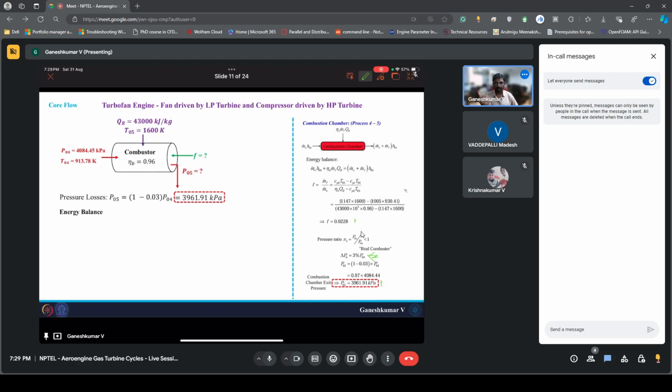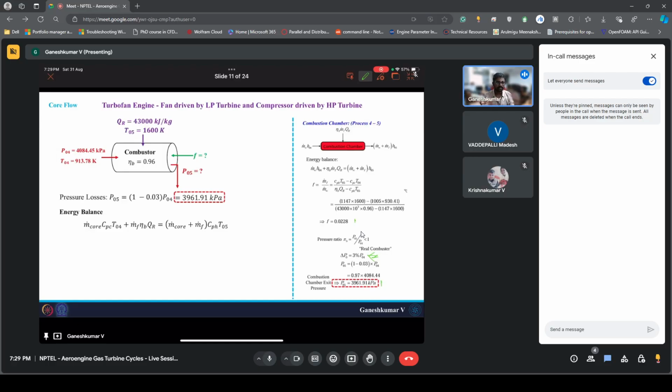Let's go forward. You have to do an energy balance to find the fuel air ratio. So here what you have is m dot core cpc T04, which is the entry energy of the air, and then you are adding some fuel to it with some heating value, and that will be equal to whatever the energy with which it comes out.